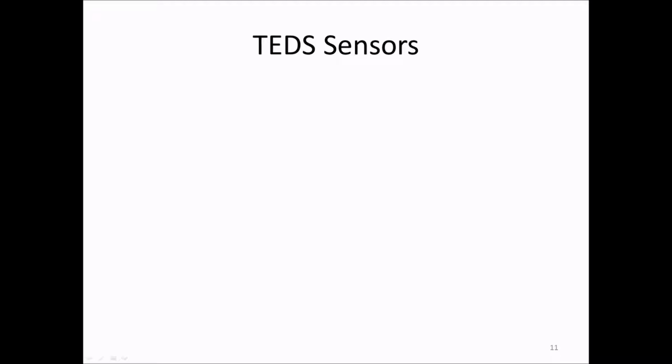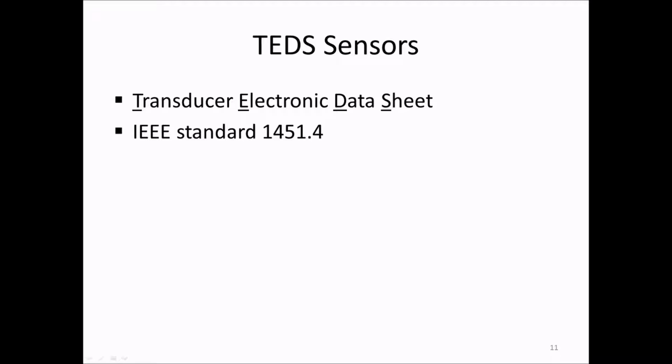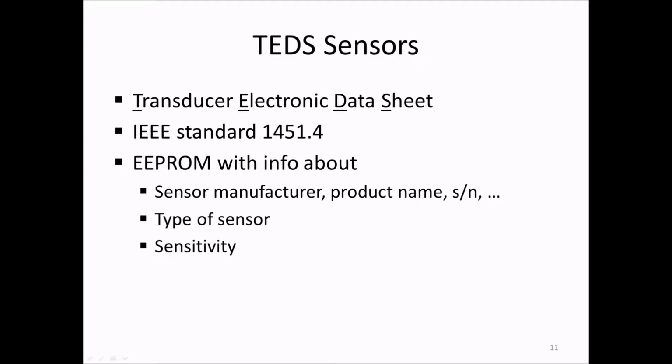Many sensors for noise and vibration measurements can be obtained in a TEDS version today. TEDS stands for Transducer Electronic Datasheet and is a standard standardized by IEEE. If a sensor contains TEDS, it has a built-in EEPROM, an electronic memory, with information about the sensor, manufacturer, product name, etc., the type of sensor, and most importantly, the sensitivity of the sensor.